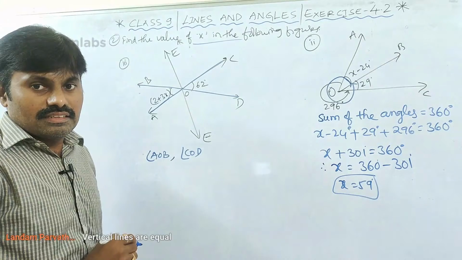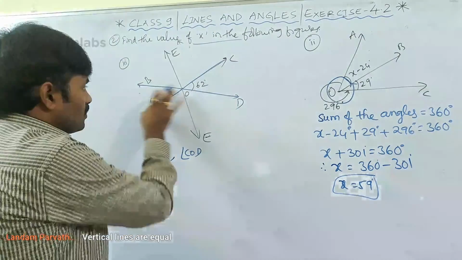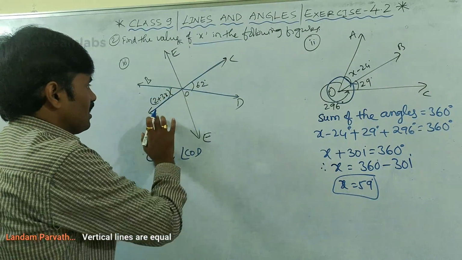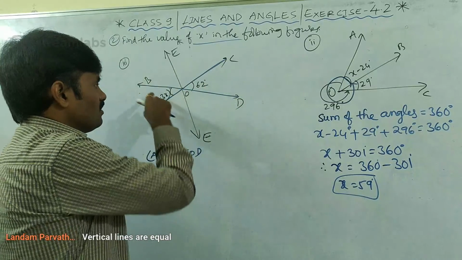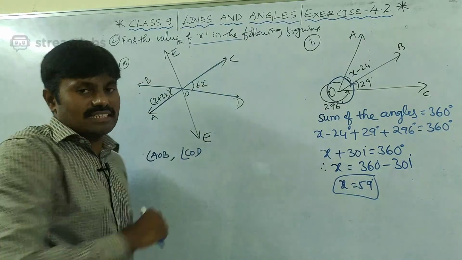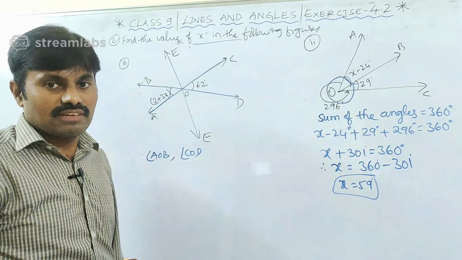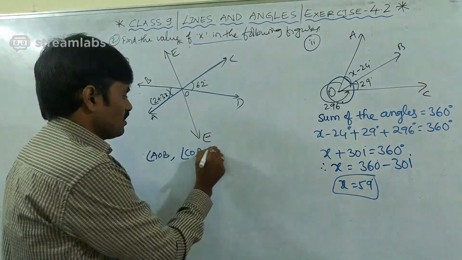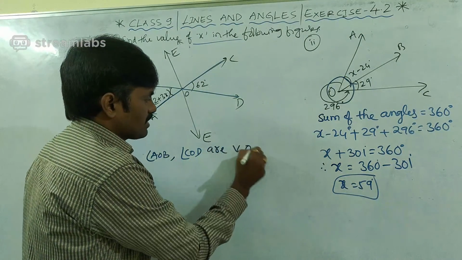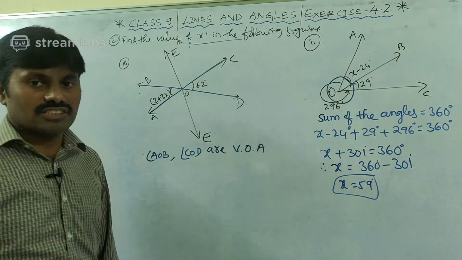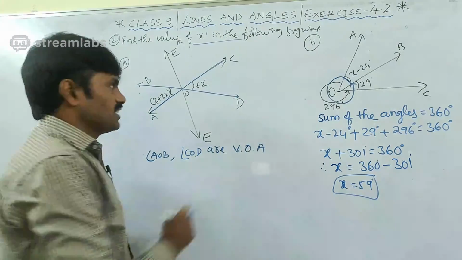These are vertically opposite angles, are they not? Angle AOB and angle COD are formed by two intersecting lines and are vertically opposite. So these are vertically opposite angles.